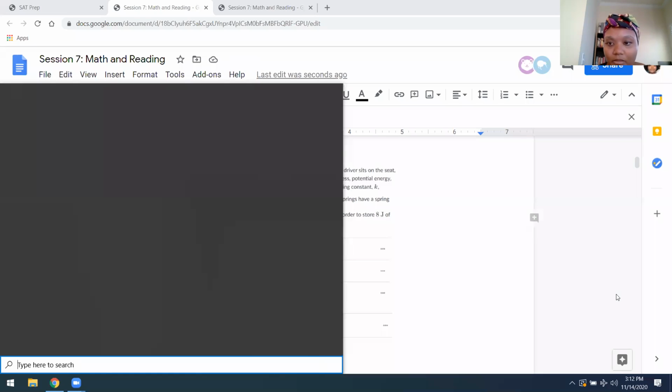Computer's freezing. One second. Computer's having a moment here. It's kind of frozen with this screen. Pardon me. Hold on one second. I don't know why it's doing this.